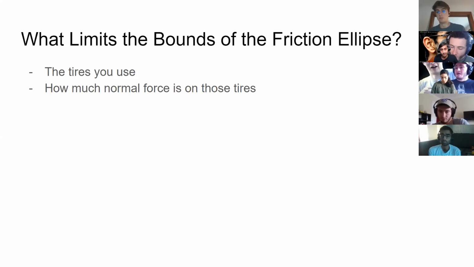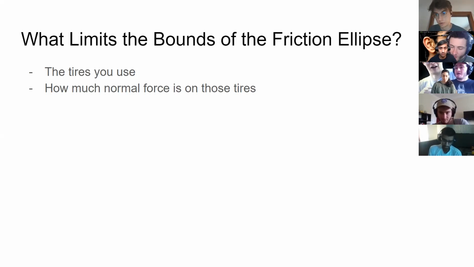So the tires you use, as we were looking at before, determine how much force those tires could generate through various slip ratios and slip angles. So that directly will determine how fast you can go. If we put Formula 1 tires on our car, we'd probably go pretty fast. They're pretty sticky. And if we put really crappy road tires on our car, we would not go nearly as fast.